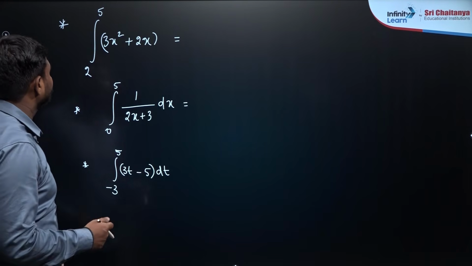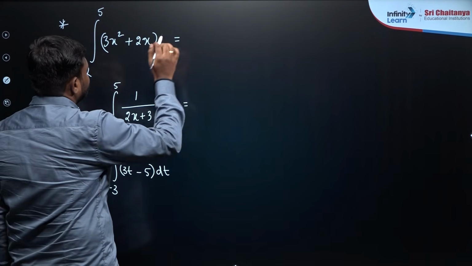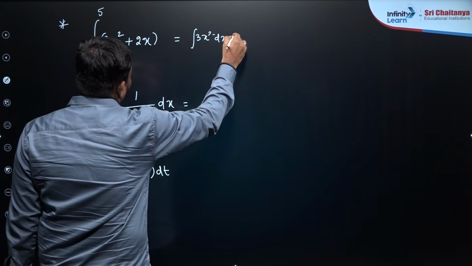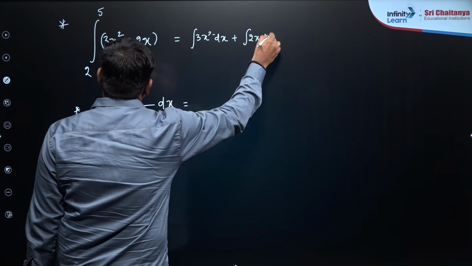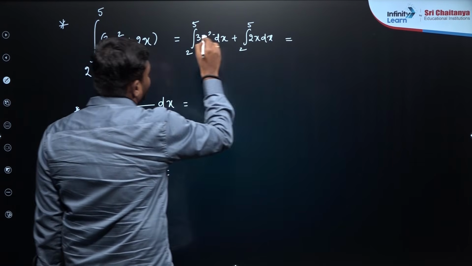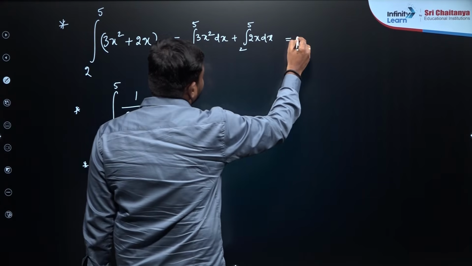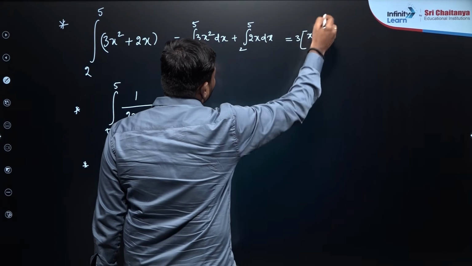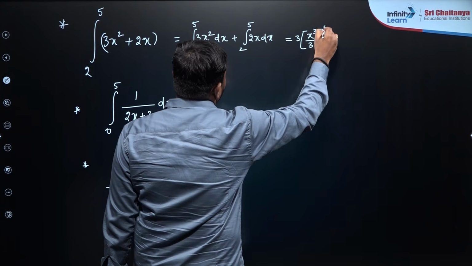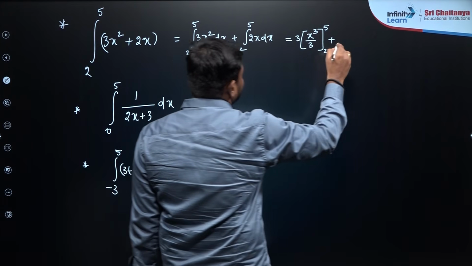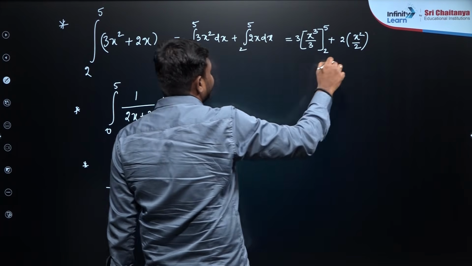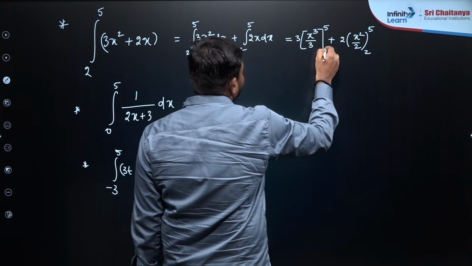Let us solve this. So first of all, expand. The equation is integral 3 outside x square dx plus integral 2x dx, from where to where? 2 to 5. Okay. Now 3 is a constant, it will come out of the integral, 3 is outside, x square: x power 2 plus 1 by 2 plus 1 from 2 to 5, plus 2 outside, x is x square by 2, power 1 plus 1 by 1 plus 1, x square by 2 from 2 to 5.